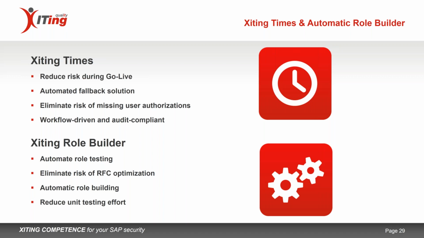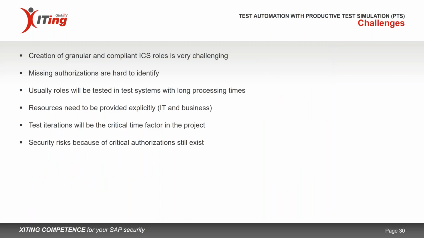All right, so the way this works, and so these are just some of the challenges. It's creation of granular, right? So it's security's tough, right? It's complex. Missing authorizations are hard to identify, right? So when you do your normal testing, typically your script testing, folks just go through and make sure they can do the transactions. Very rarely do they do the negative testing.